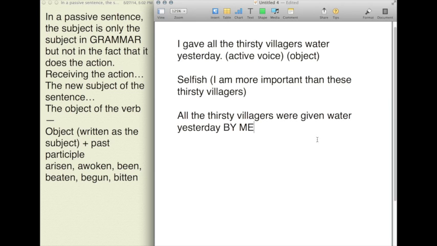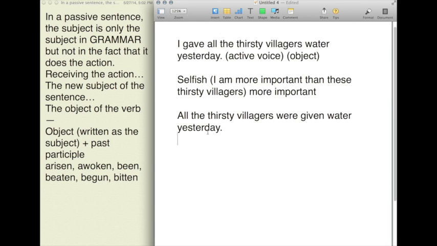And again, do we need to say by me? Well, we don't have to if it's not that important. All the thirsty villagers were given water yesterday. This is a passive voice sentence, and it is better than this one, in my opinion, because we're focusing on the villagers. The villagers are more important than who gave them water, right?